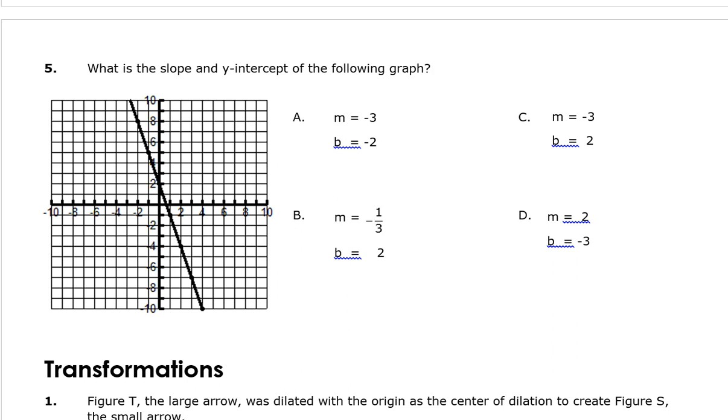What is the slope and y-intercept of the following graph? So let's start with my y-intercept. My y-intercept is +2. So not A and not D. And my slope is my rise over my run.